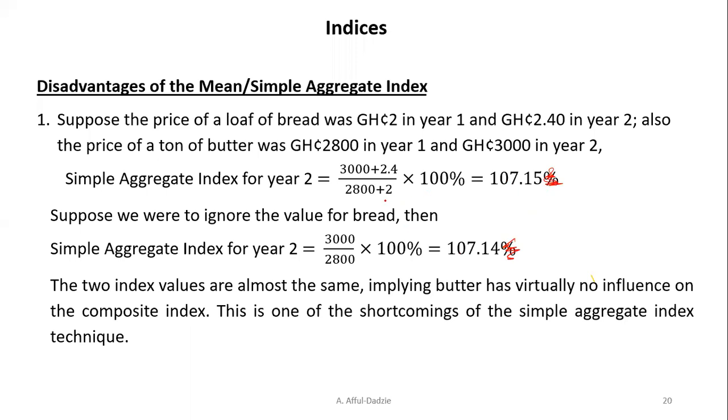So the contribution of the change in the price of bread is just 0.01, right? Meanwhile, we are accounting for this in the index. So you may think that the change in bread is actually contributing something. It's practically contributing nothing. So the index values are almost the same, implying that bread has virtually no influence on the composite index.